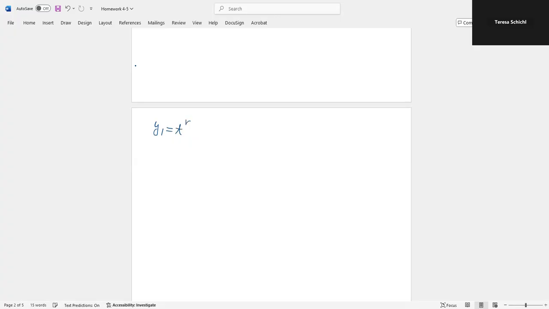Then y1 prime will be r times t to the r minus 1, and y1 double prime is going to be r times (r minus 1) times t to the r minus 2.